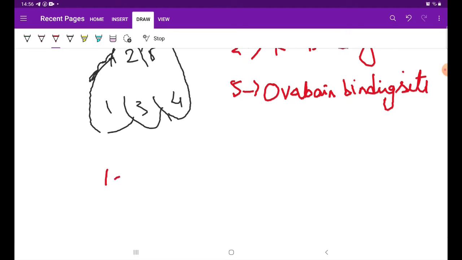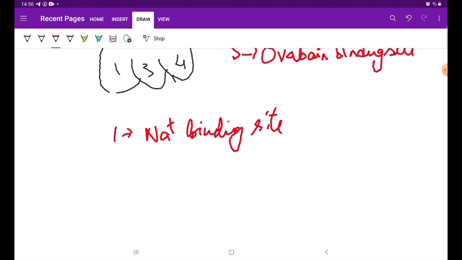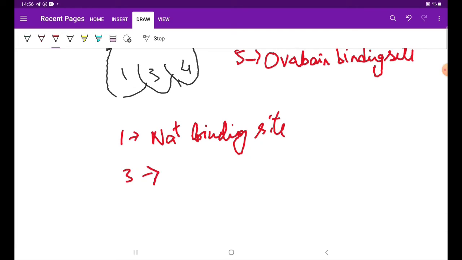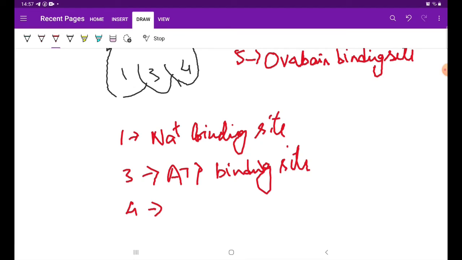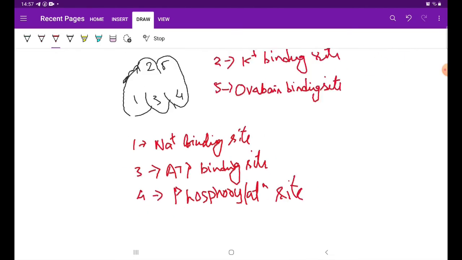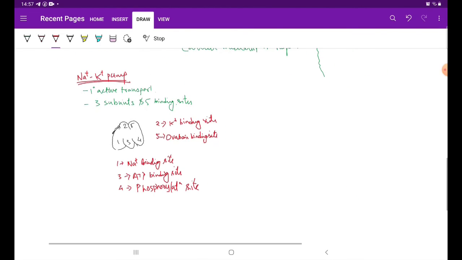And 1 is the sodium binding site, 3 is the ATP binding site, and 4 is the phosphorylation site. Okay, so this was the sodium potassium pump.